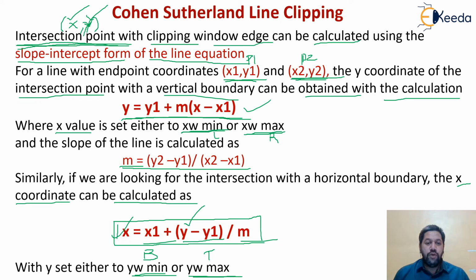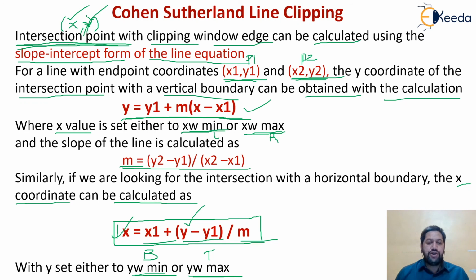Step number two, we go for the visibility test. We take the bit by bit AND operation of the endpoint codes of P1 and P2, and based on it we can find out whether the line is totally invisible, totally visible, or partial.